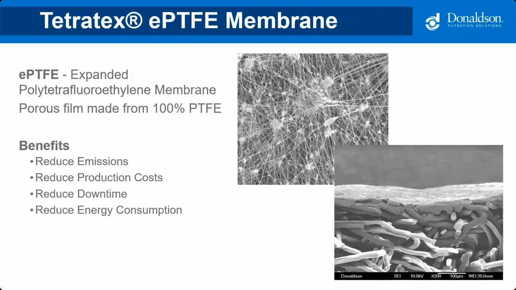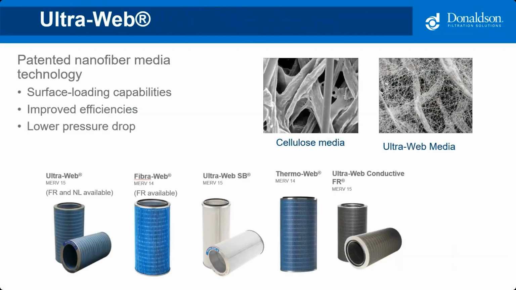So again, make sure you know your dust, talk to your rep, make sure it's the right application. Also, if it's very abrasive, you wouldn't want to use an ePTFE membrane because it would abrade it off. But in the right application, it's a fantastic product.